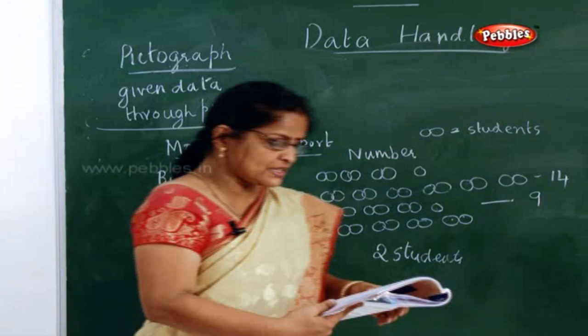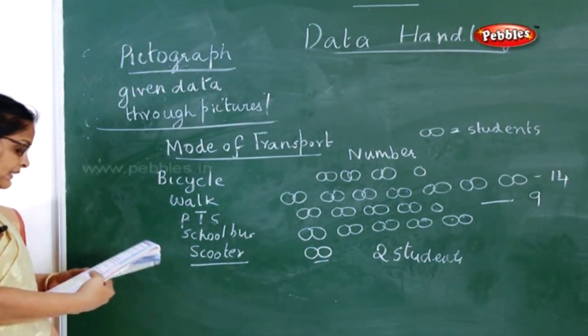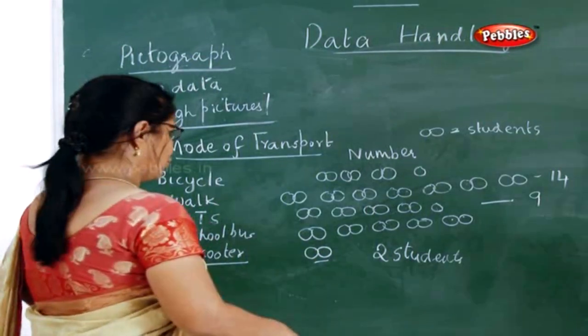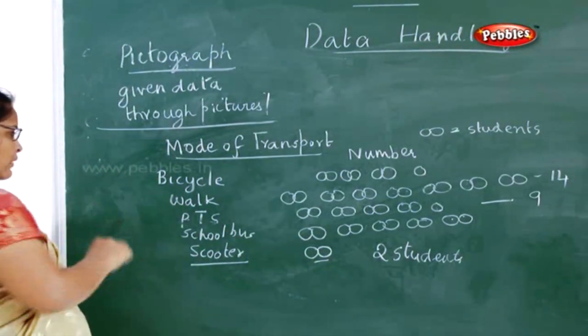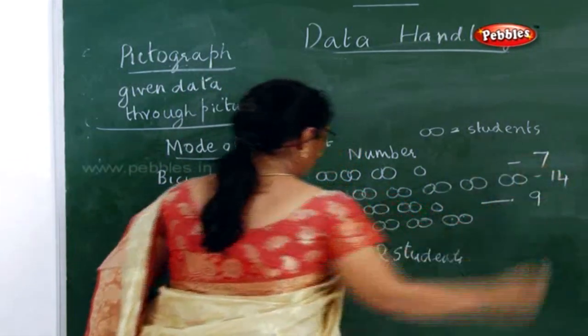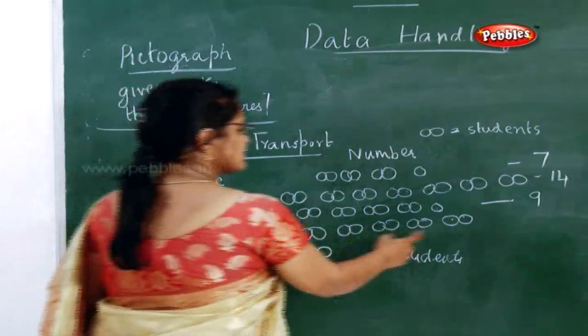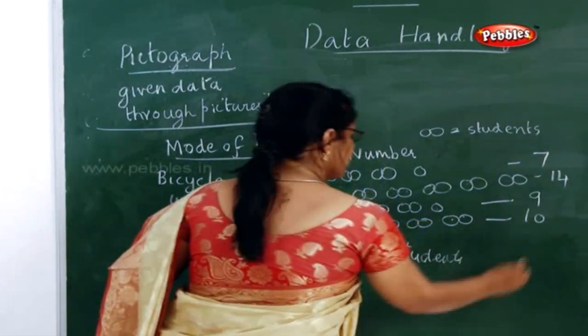Now, the fourth question is, the number of students who come by blank is half the number of cycle. So, before you do the fourth question, you find out 2, 4, 6, 7. Right? Now, what is public transport? 9. Now, school bus? 4, 6, 8, 10. Now, this is 2.